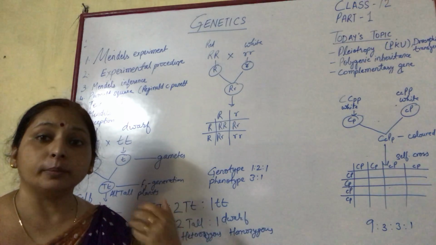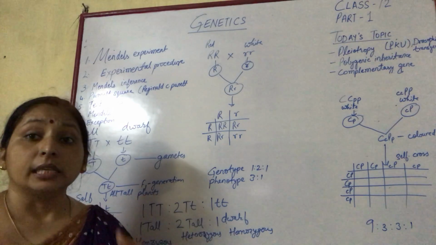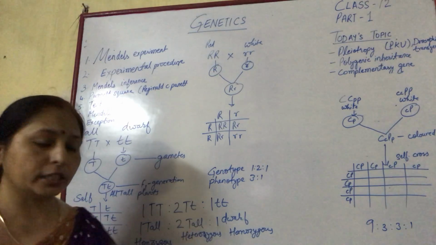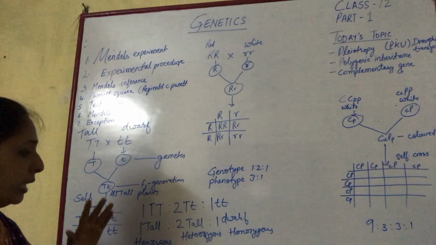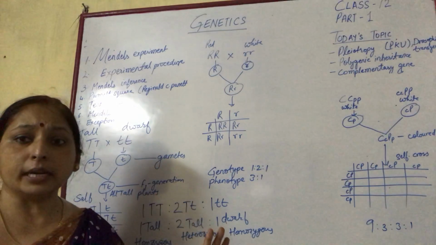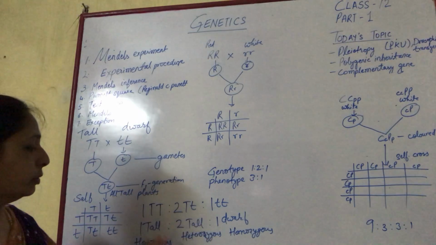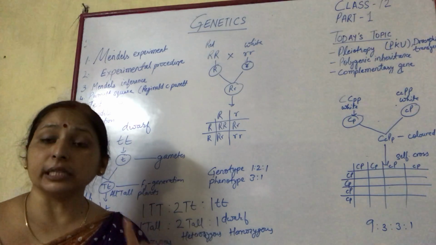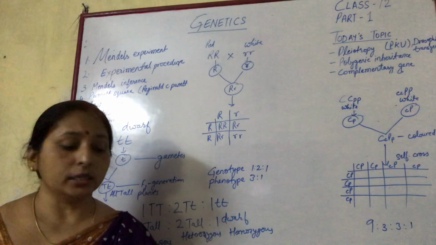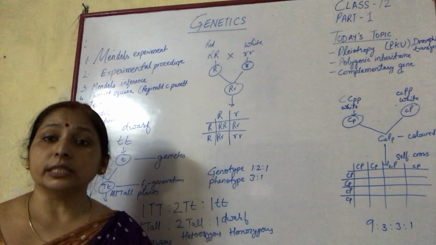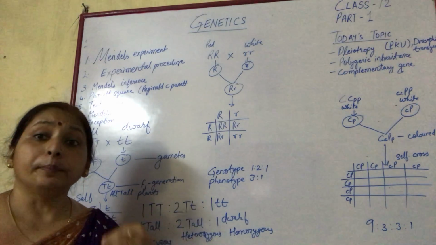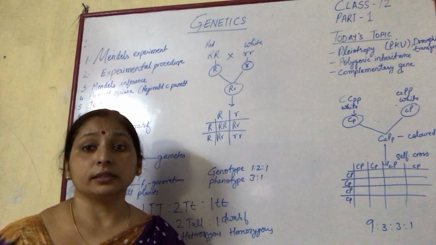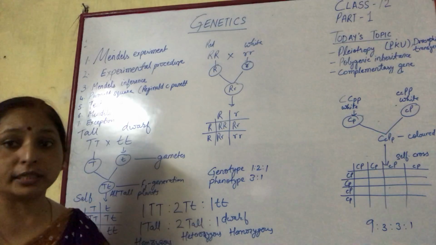The genes remain segregated. They can express themselves in any generation, as they express even in the ratio 1 out of the 4 progenies we get in this square. So when the characters may express themselves, it is the law of segregation.